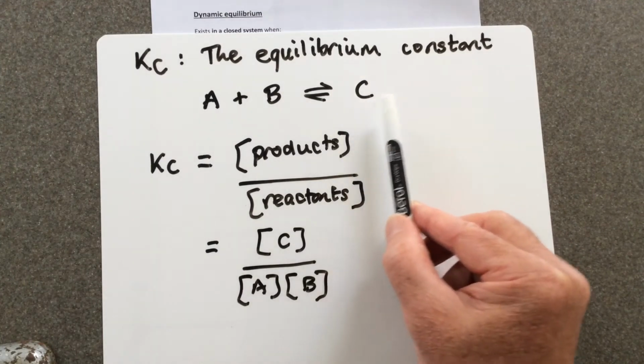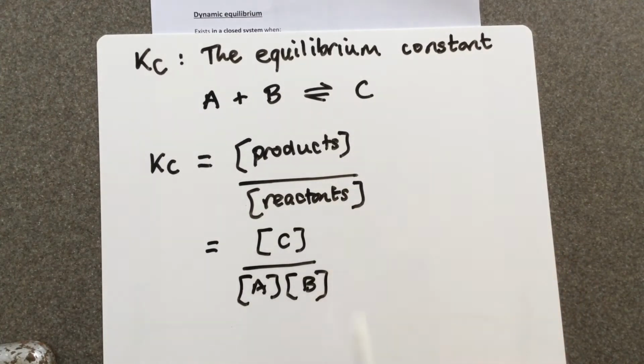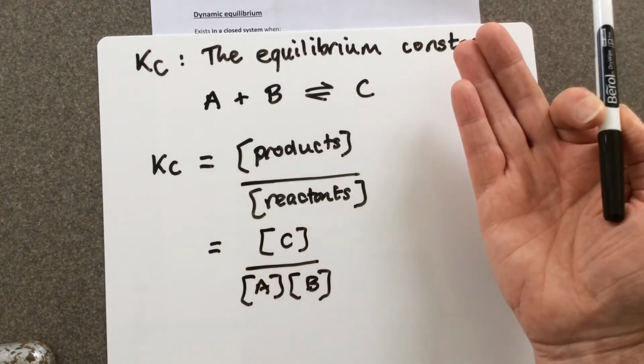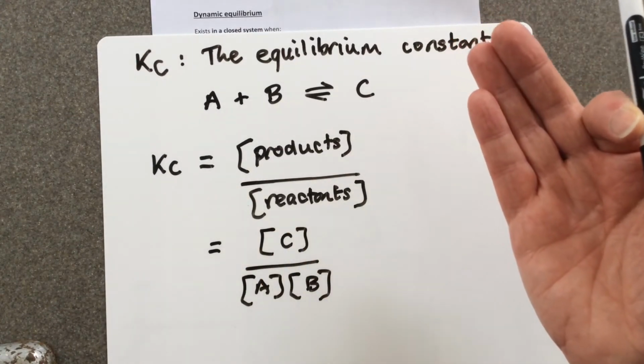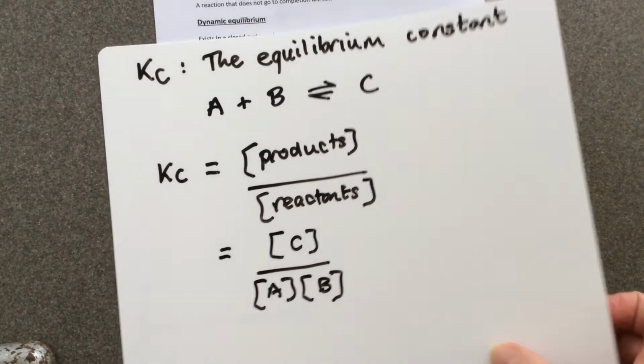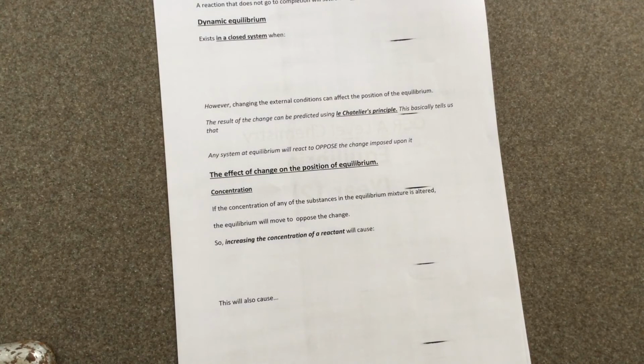Because we've ended up with more of this, the position of equilibrium has moved to the right-hand side, or it's moved towards the products, or in favour of the products. Okay? So increasing the concentration of reactant will cause the position of equilibrium to change. And it will move in favour of the products.